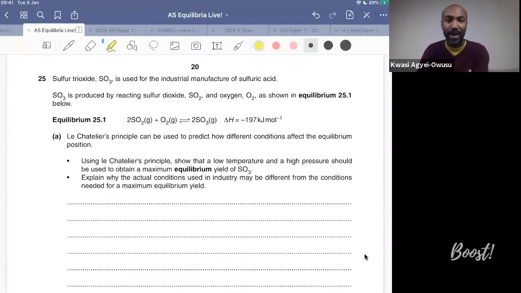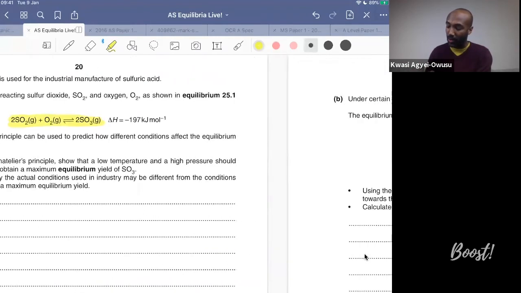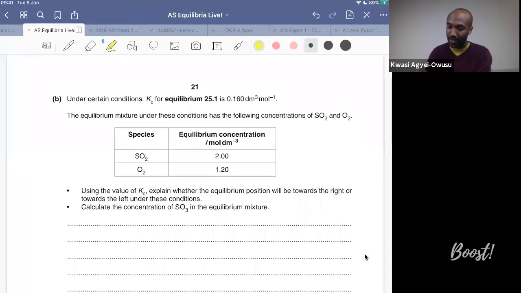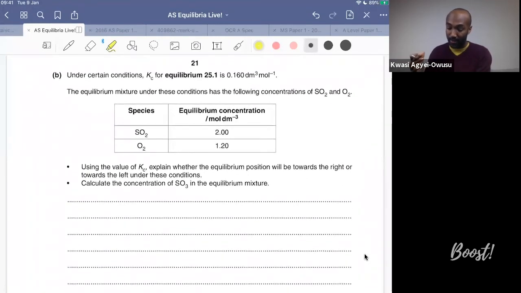So this is one of the reactions involved in the contact process, the industrial manufacture of sulfuric acid. Okay, so I just want to highlight the equation, and the question I want us to focus on is the quantitative side, which is working out the equilibrium concentration of one of our species in this reaction using the value of Kc given to us.